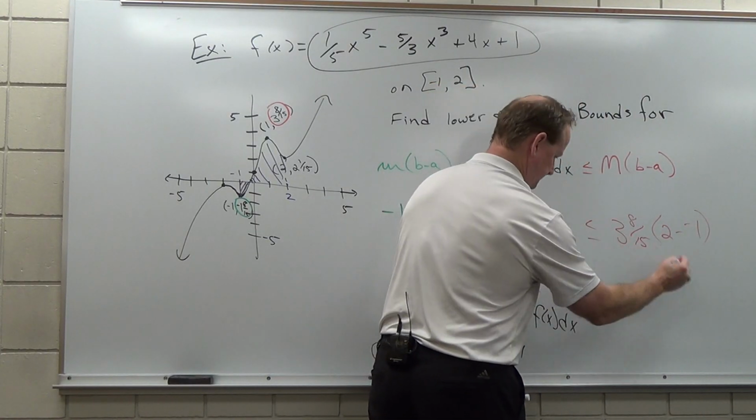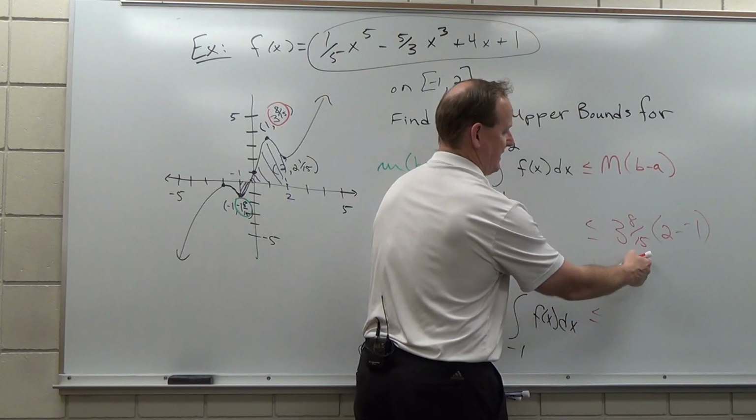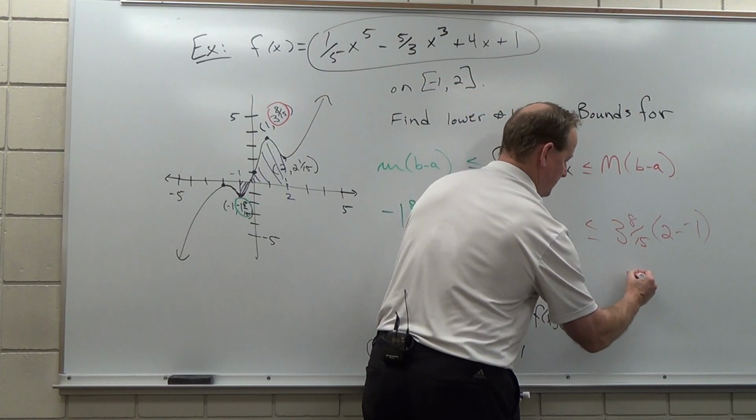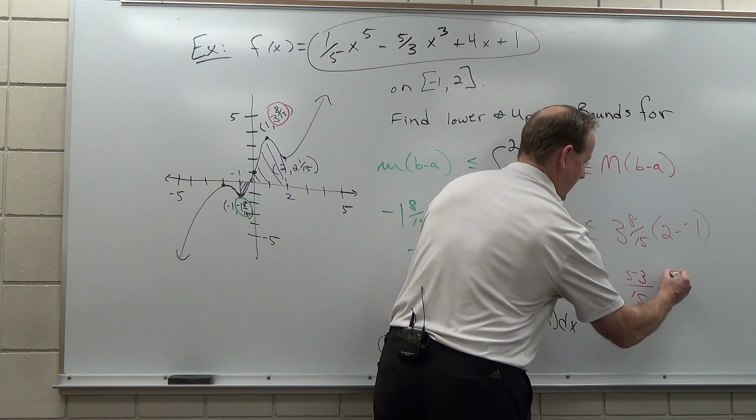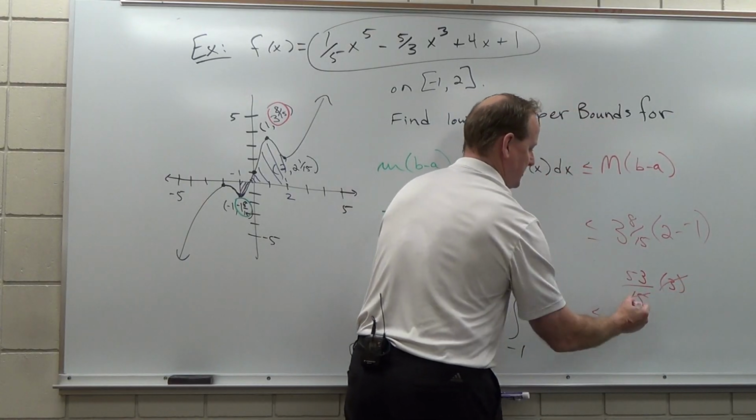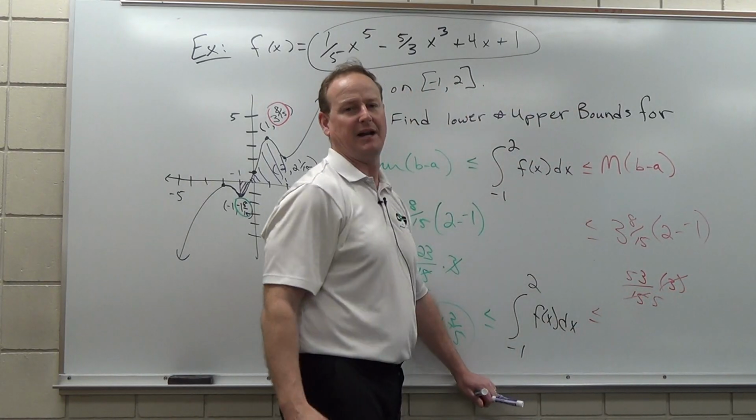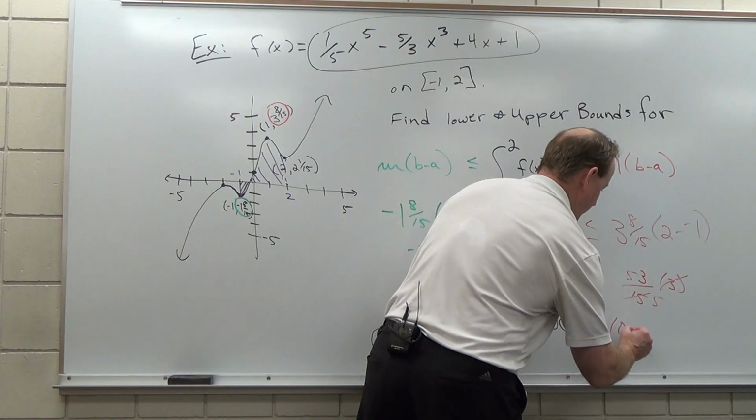And once again, multiplying that out, that's 45 plus 8 is 53/15 times 3, and I'm going to cancel the 3 with that, and 53 divided by 5 is going to be 10 3/5.